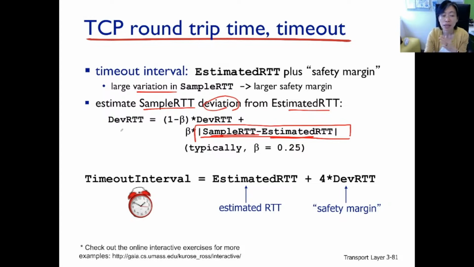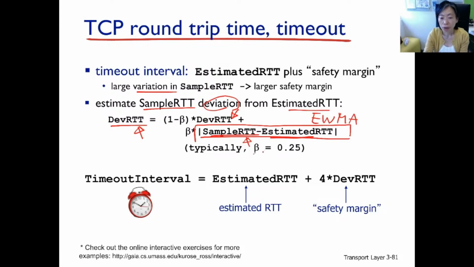So let's estimate the smooth deviation of round trip time, the DevRTT, borrowing again the technique, the exponential weighted moving average, to get the smooth DevRTT. The next DevRTT will be the current DevRTT plus a weighted term of the instantaneous deviation of RTT.